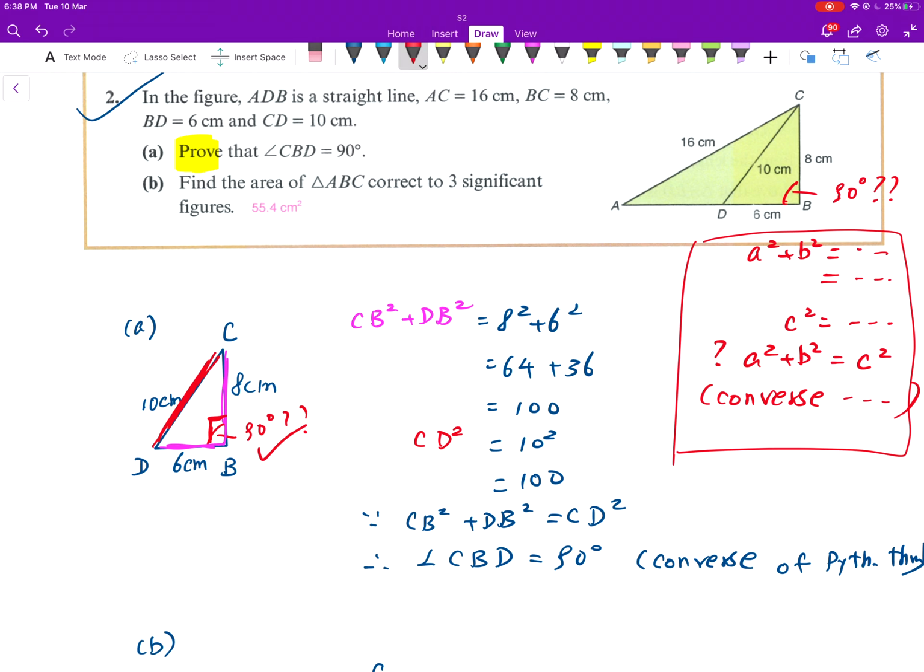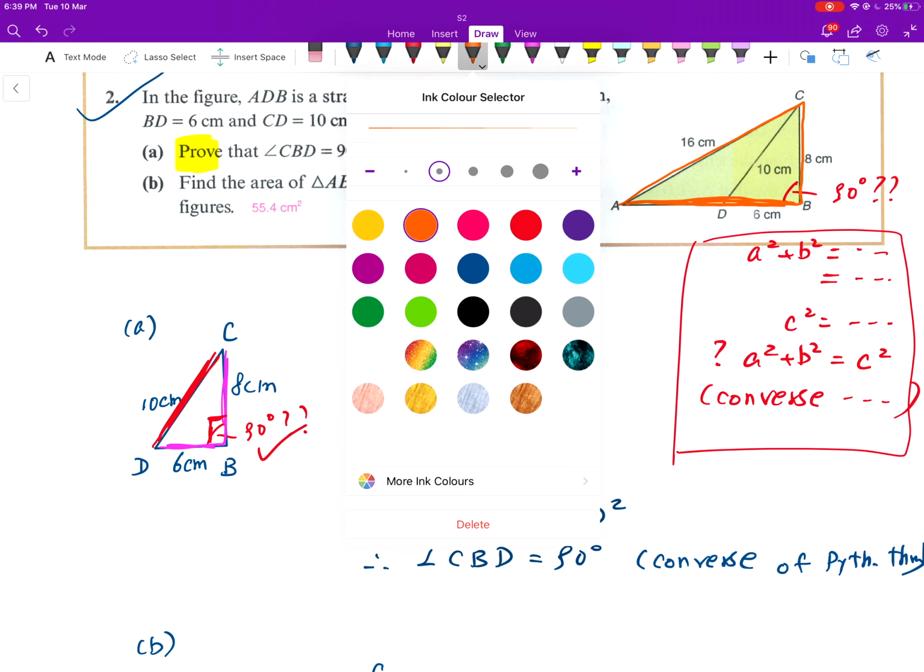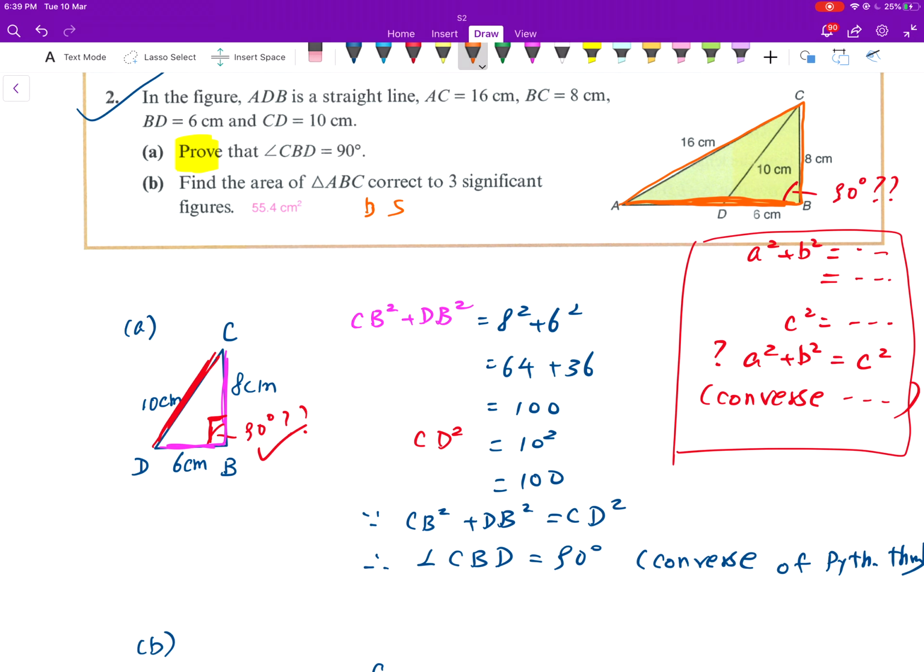All right, and then for part B, find the area of triangle ABC. If we want to find the area of triangle ABC, we need to find the base times the height.